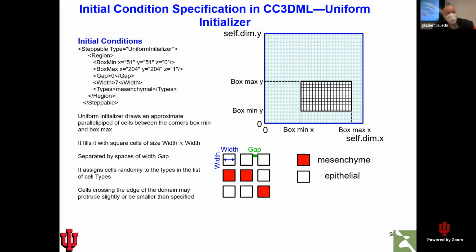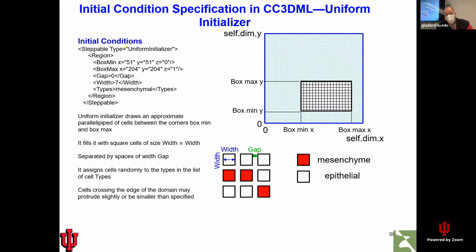It has the ability to draw a box, a square of squares or rectangles, and a quasi-circle, what are called blob initializer and uniform initializer. And we don't have a huge amount of flexibility within that. What we can do is define the corners of our box, box min and max.